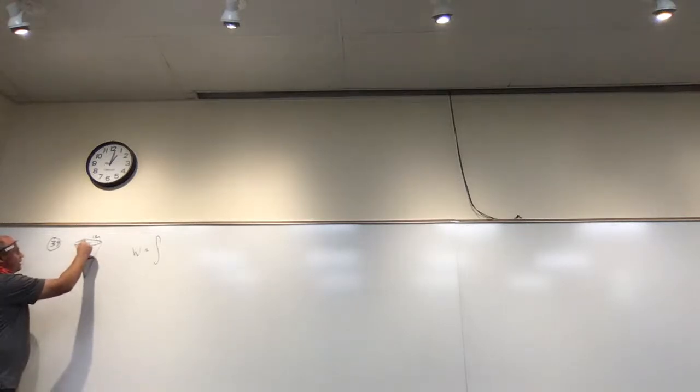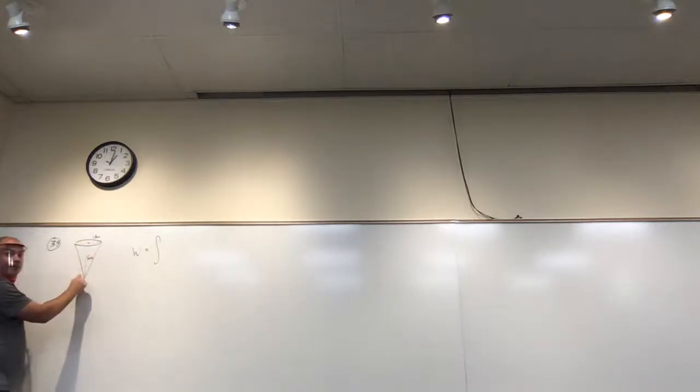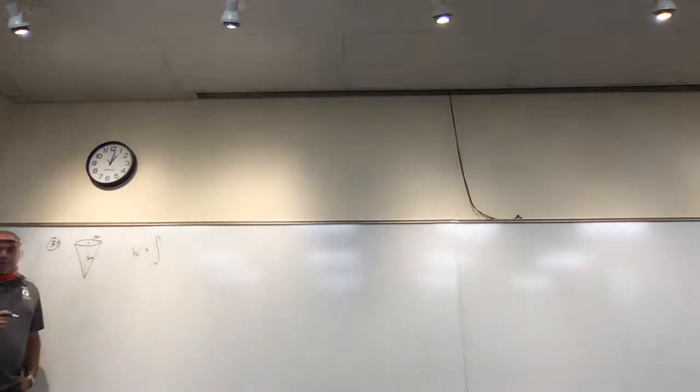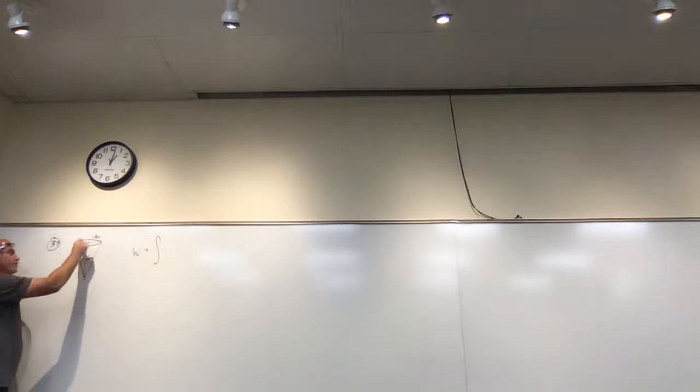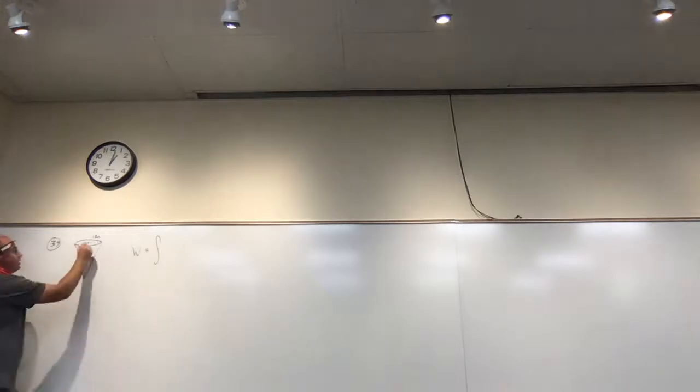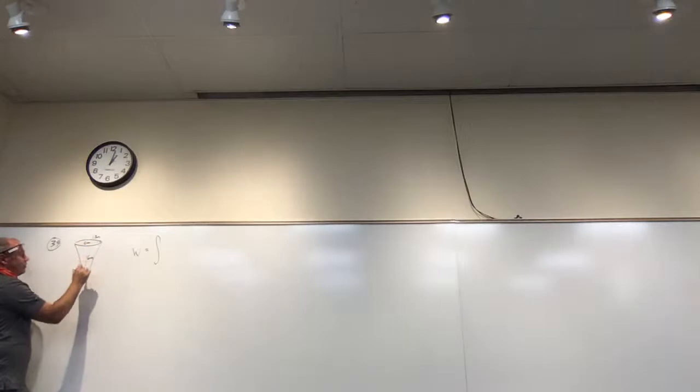We could say that this is 0 and this is 6. It really is up to us, though. So for now, let's just say that this is the point y equals 0, and down here is y equals 6.